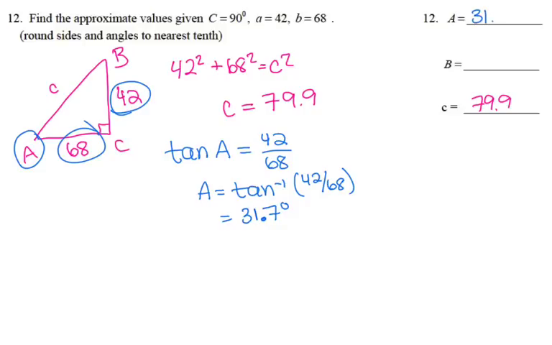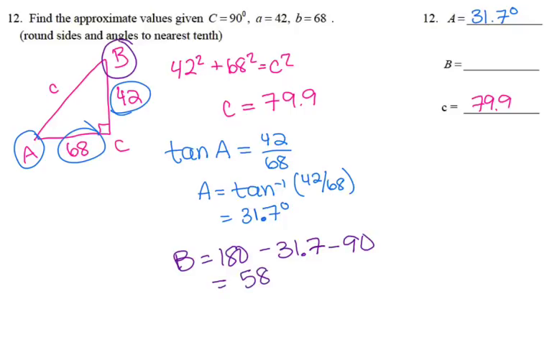So angle A is 31.7 degrees, and since all your angles in a triangle add up to 180 degrees, angle B is going to be 180 minus 31.7 minus 90, which is 58.3. And you have now solved that right triangle.